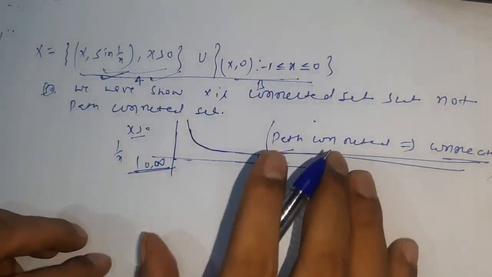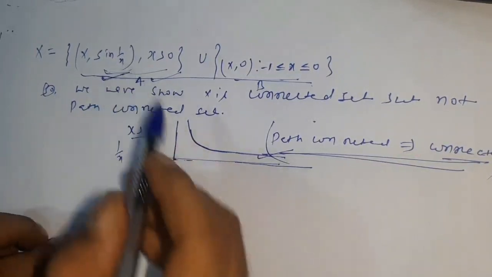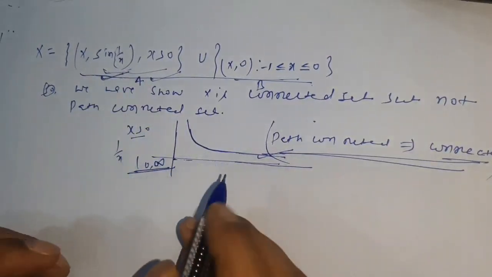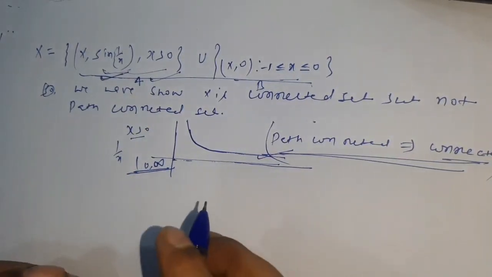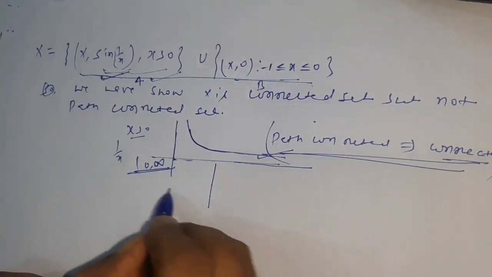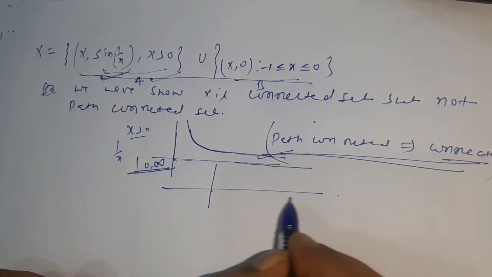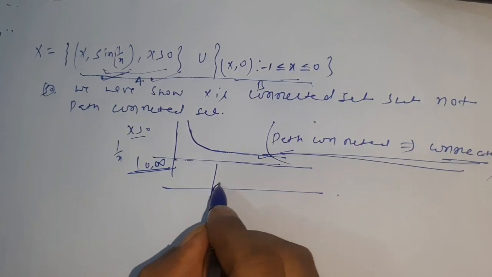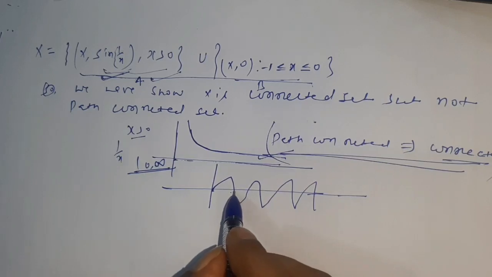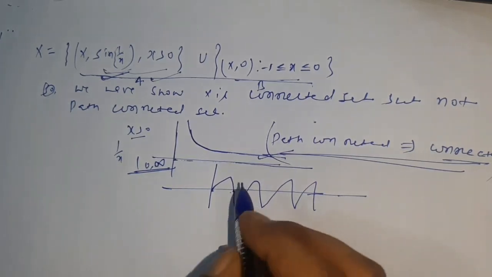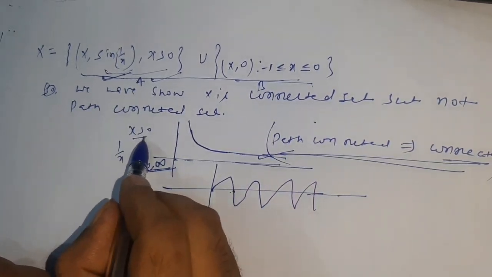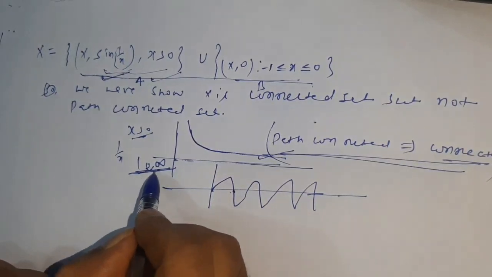Now come to the graph of sin(1/x). Here 1/x belongs to 0 to infinity, and we know very well the graph of sin x. In the domain 0 to infinity, sin x oscillates infinitely many times, at positive multiples of pi it approaches 0.